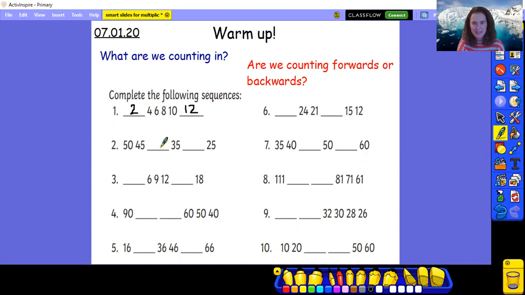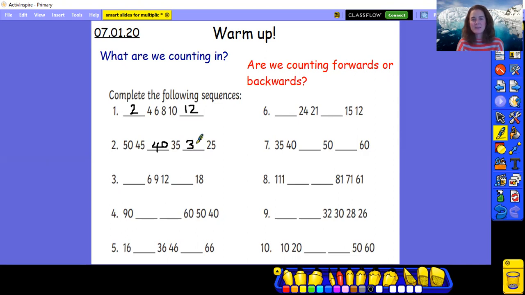So we've got 50, 45. So what's 5 less than 45? Either look at your 100 square or your number line. 5 less than 45 is 40. Then we've got 35 done for us. What's 5 less than 35? Well done, it is 30.